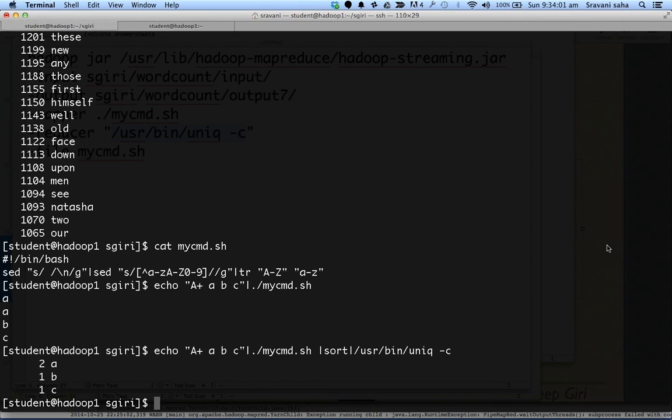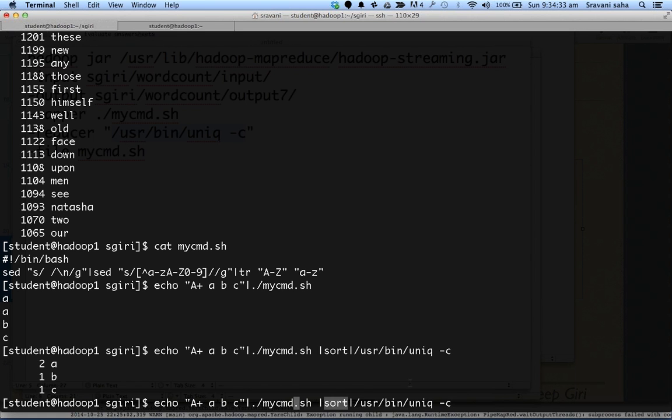Sounds good to you? So I just tested that. Instead of giving it to Hadoop, this cmd.sh is my mapper in the case of streaming jobs, and this is my reducer. Instead of running it through Hadoop, all I did was stitch it together using the sort command. That's all.